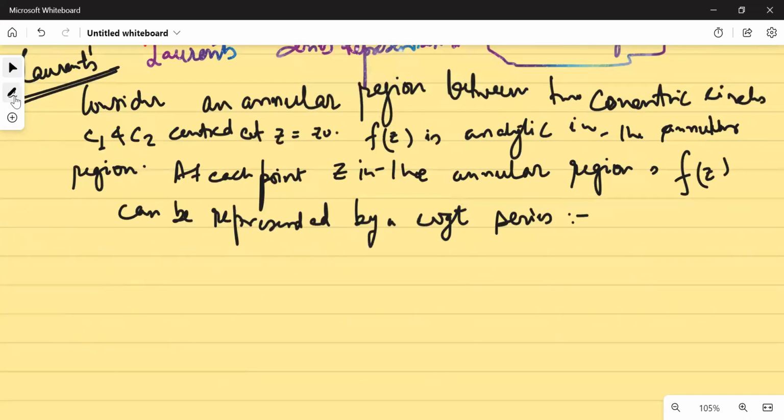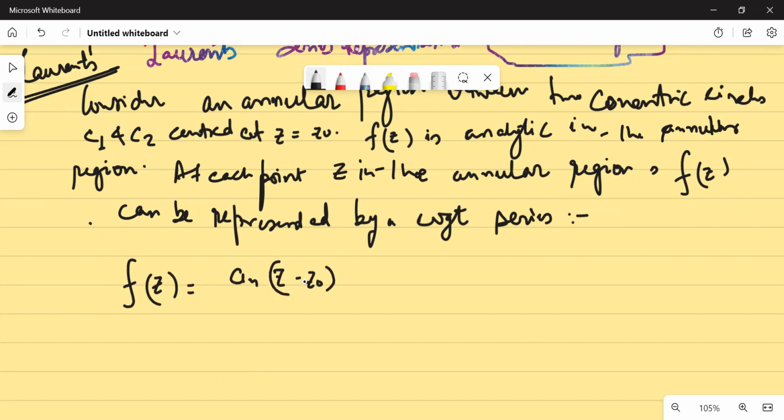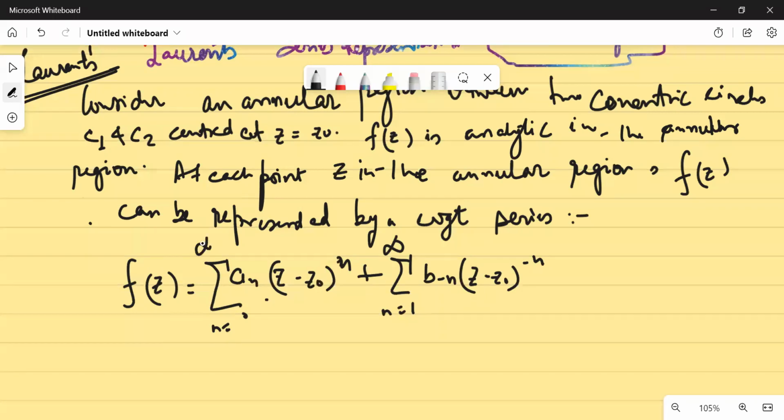In a convergent series, f(z) is equal to the sum of a_n (z minus z naught) raised to power n, plus b_n (z minus z naught) raised to power minus n. This I'll write as summation n equals 1 to infinity, and this I'll write as summation n equals 0 to infinity. It's not required for you to know a_n, but I'll write it here.